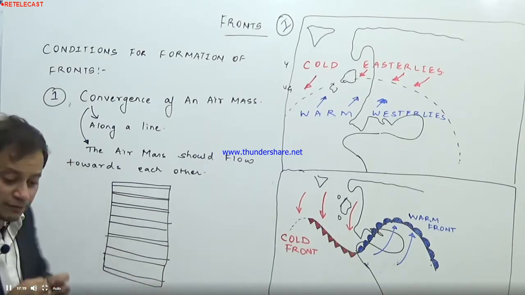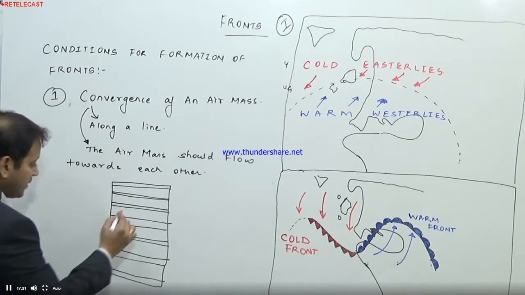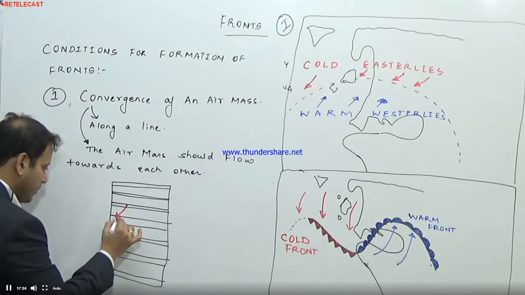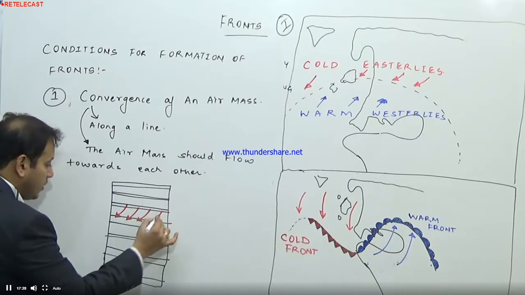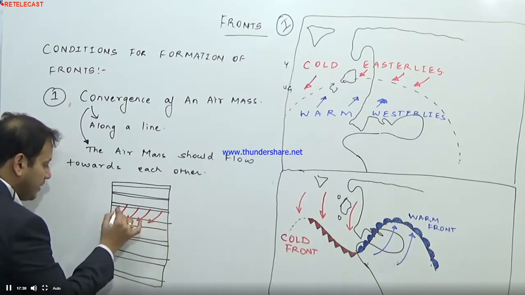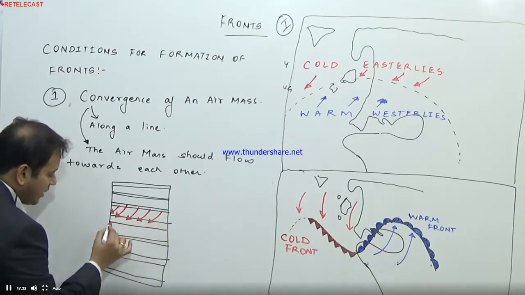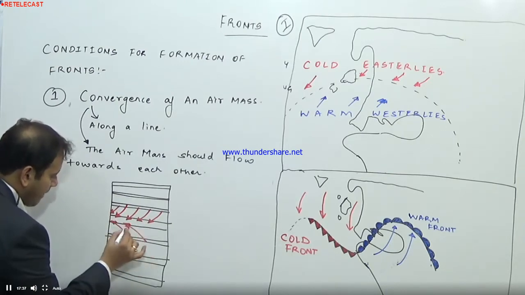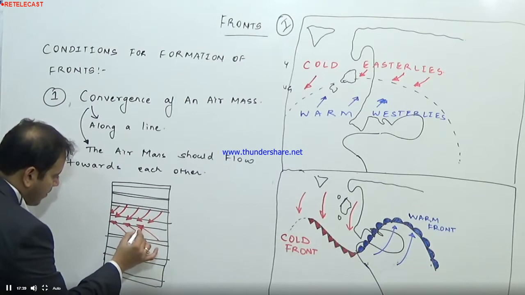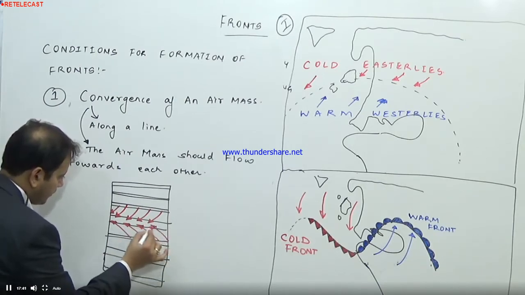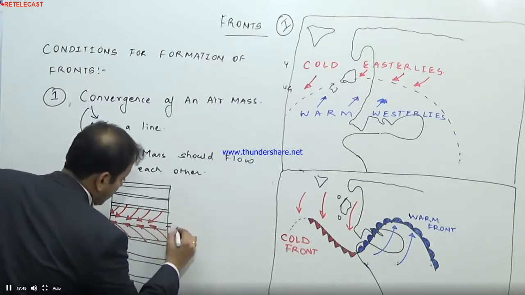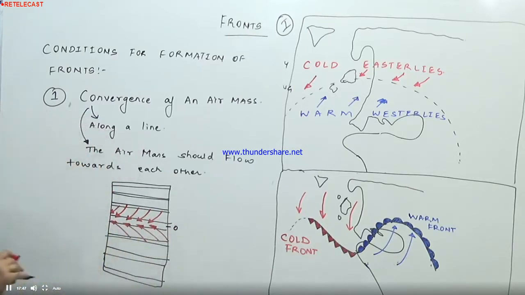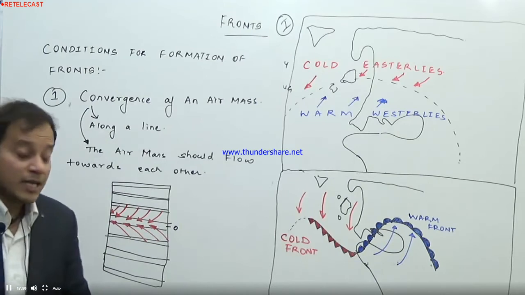Now, how are the wind directions here? Trade winds, they blow. Warm trade winds come towards the equatorial low pressure belt, what we call easterly winds in both the hemispheres. There is a convergence here. Now, this is an equatorial low pressure belt. There is another wind which blows as westerly winds.